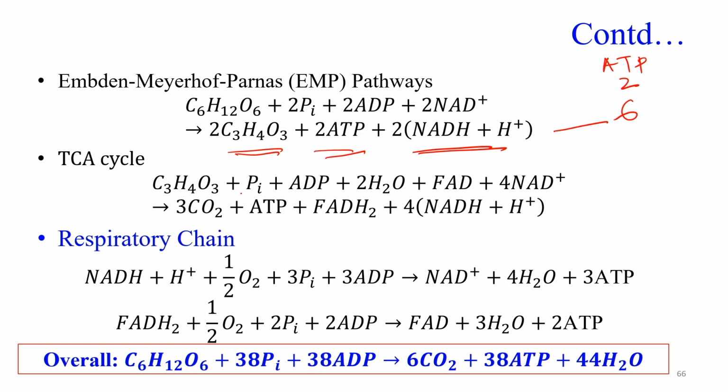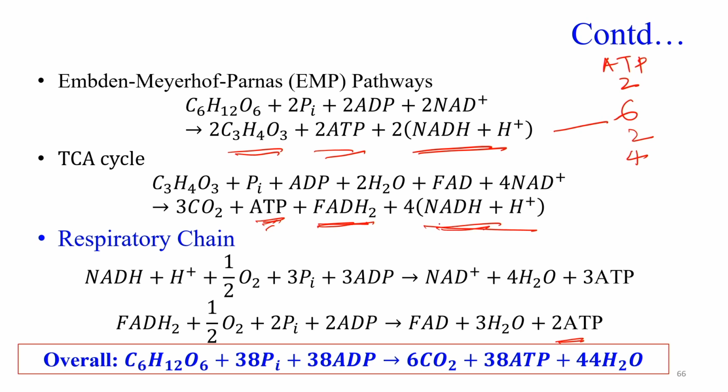Now, 1 pyruvate molecule is giving rise to 1 ATP, FADH2 and 4 NADH. So, 2 pyruvate molecules give rise to 2 ATP, 2 FADH2, and 1 FADH2 gives 2 ATP, so this becomes 4 ATP molecules.